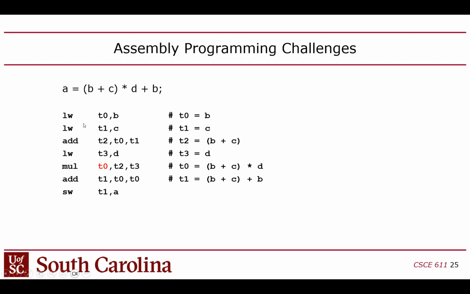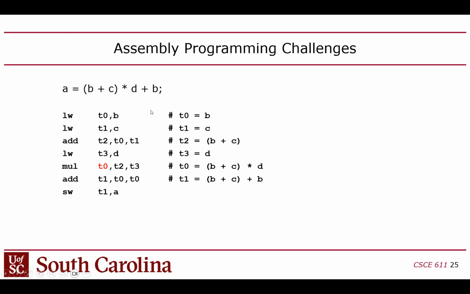But when I calculated the sub-expression B plus C times D, I recycled T0 because I assumed I was done with it. Well, it makes sense. I added B. I was done with it, right? But the problem is that now I have overwritten it. B's gone. T0 has been recycled a little too early because I need it here for the last add, right?